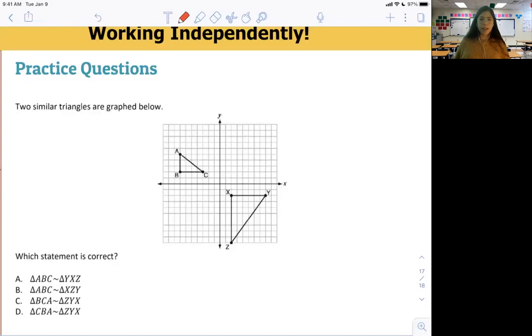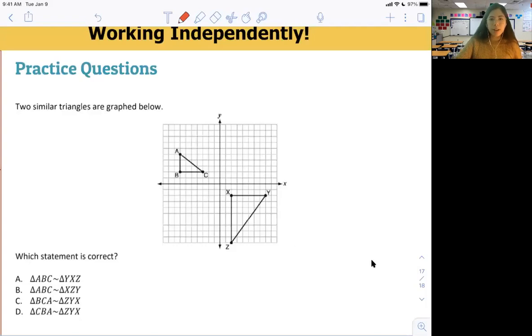All right, 10, 9, 8, 7, 6, 5, 4, 3, 2, and 1. All right. Answer choice A is the winning answer.